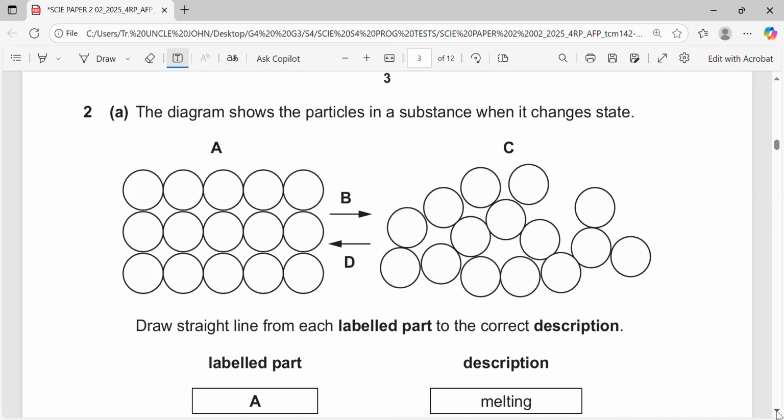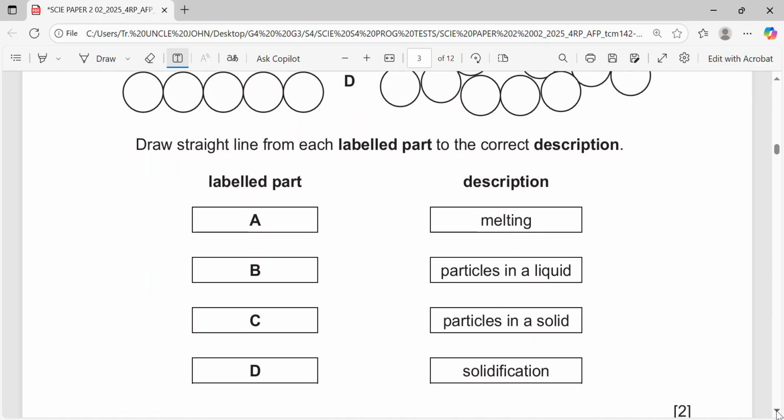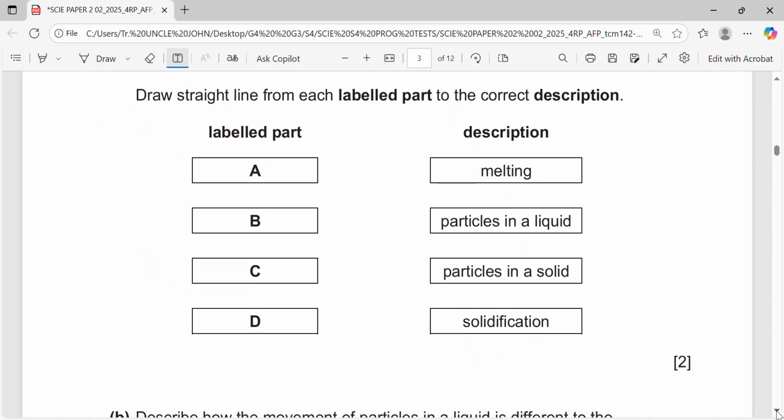Number 2, the diagram shows the particles in a substance when it changes state. This is A, B, C, and D. Draw a straight line from each labeled part to the correct description.